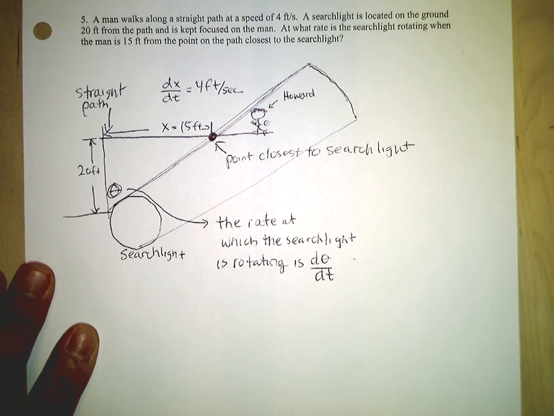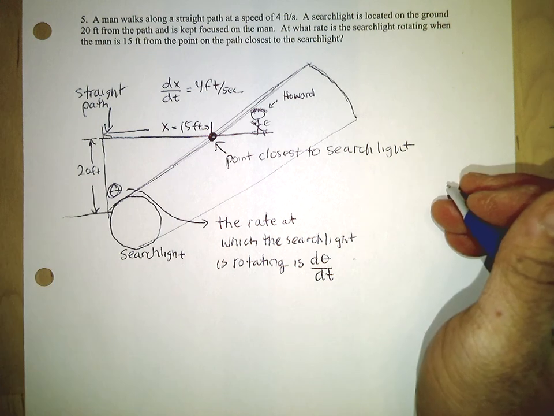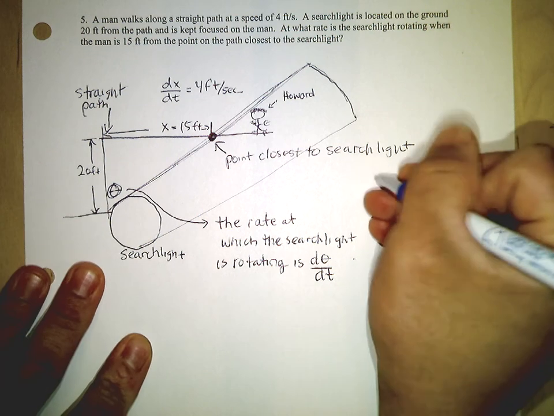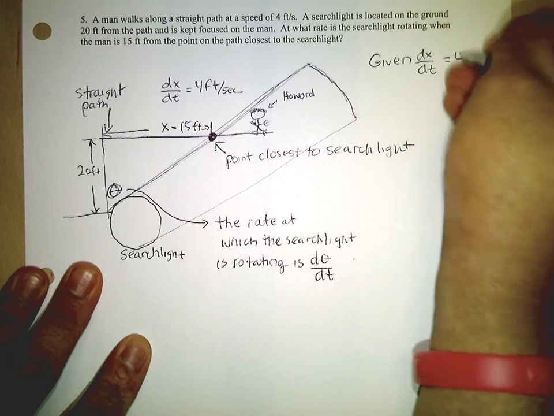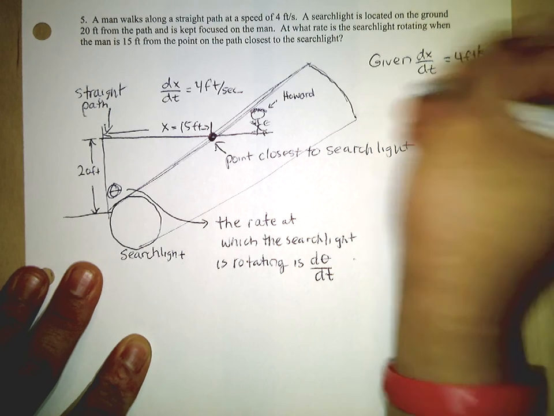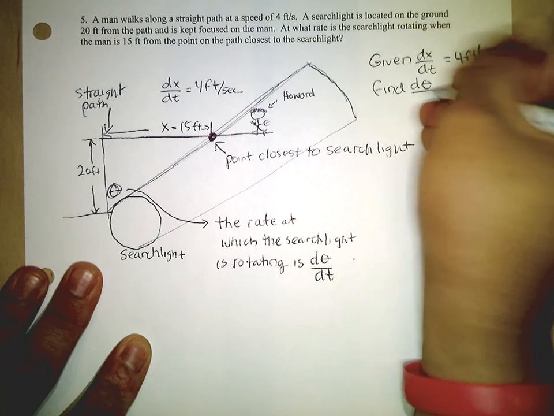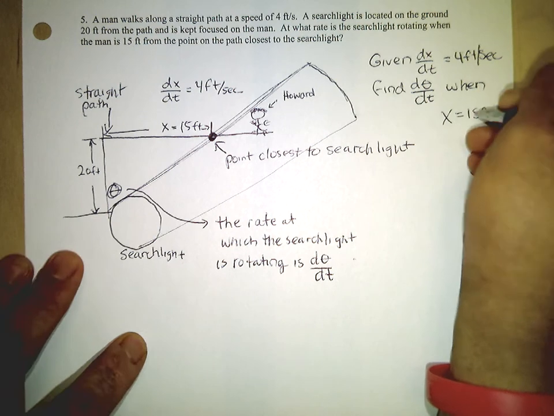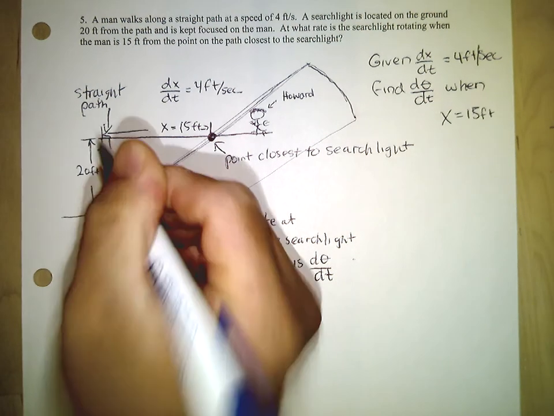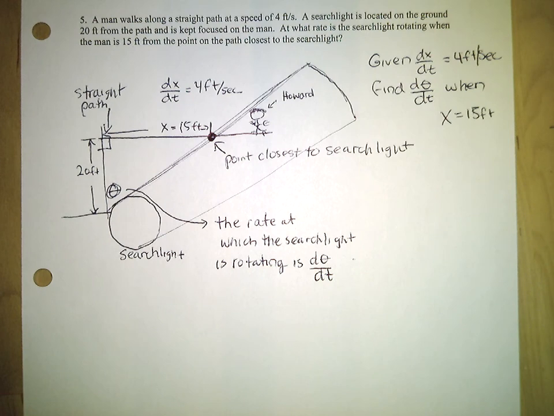So now we need to think of this as what we're given and what we want to find. We are given that dx dt is 4 feet per second, and we want to find d theta dt when x is equal to 15 feet. Well, this is a right triangle, so we can set up an equation that involves the x and the theta.